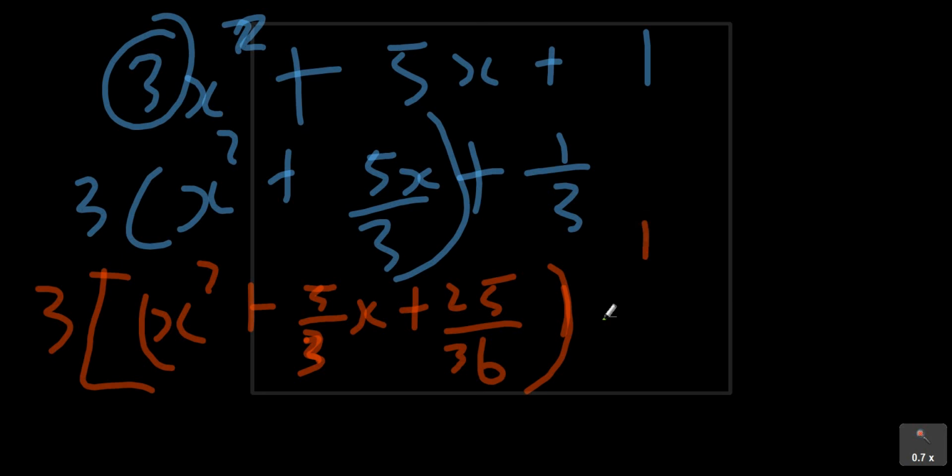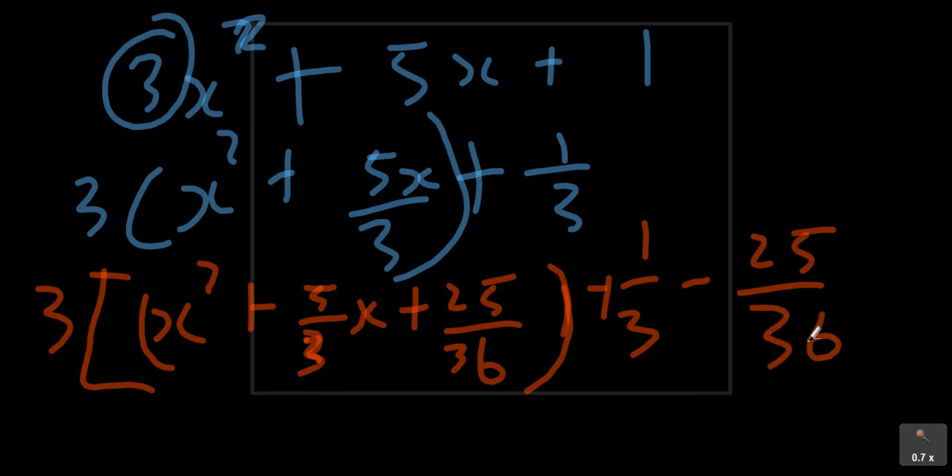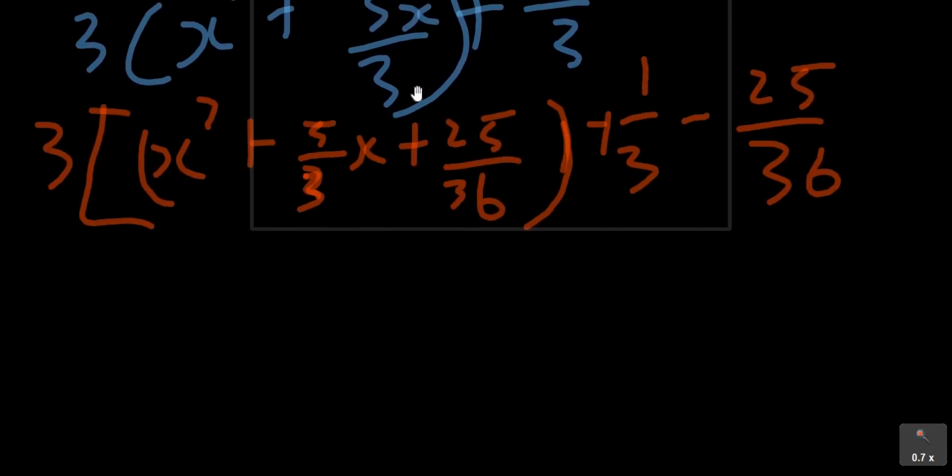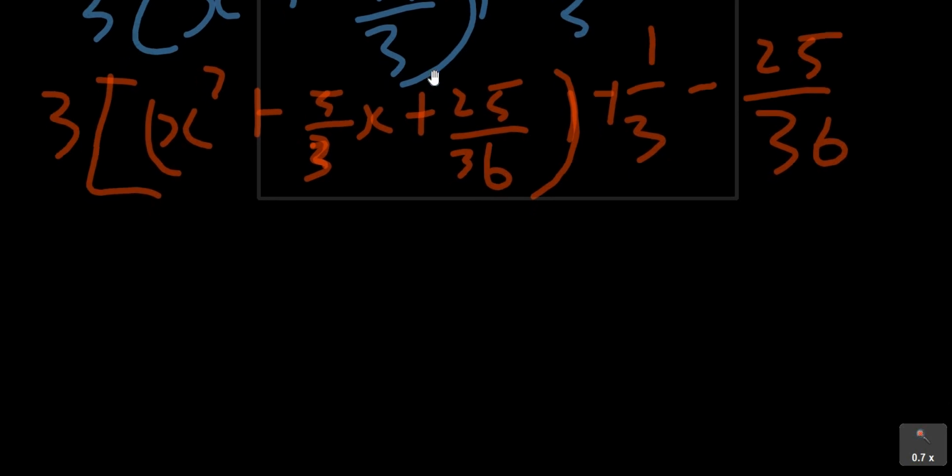We have 1 plus 1/3 minus 25 over 36. This is so easy to understand, no big deal. It might look very confusing, but it is not. If you remember fractions from lower school and primary school days, you won't have any problem with this. So just work with fractions.